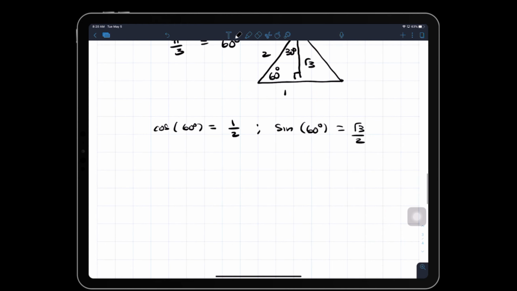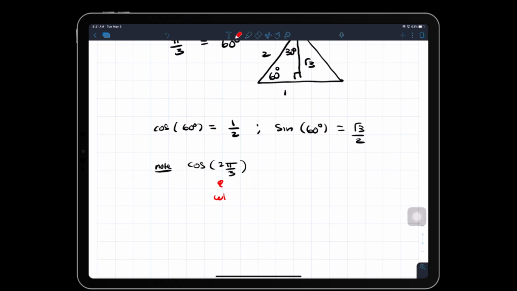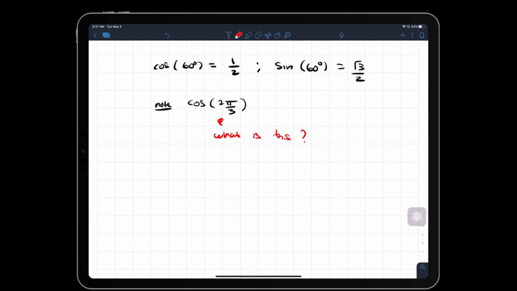So you might want to note cosine of 2 pi over 3. Now you might say, what is 2 pi over 3? What's the angle, right? So you have to determine this. It's going to be 120 degrees, right? Because if pi over 3 is 60, double that is 120.